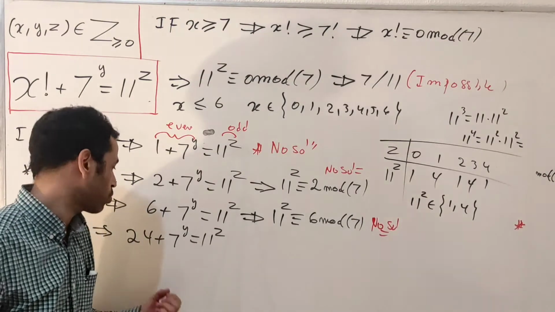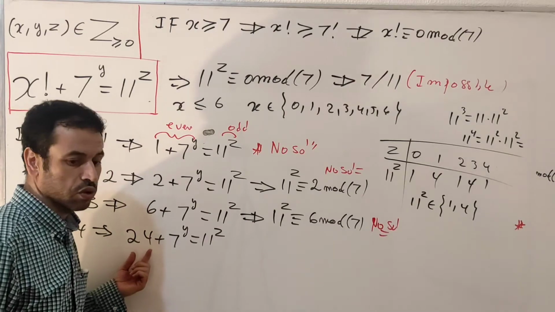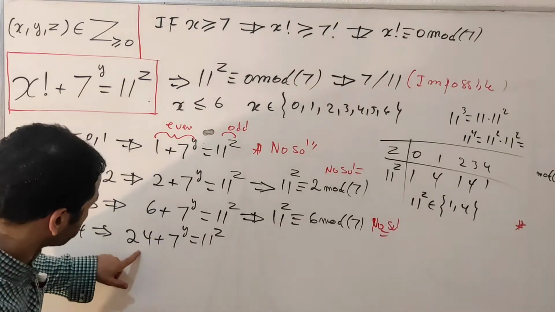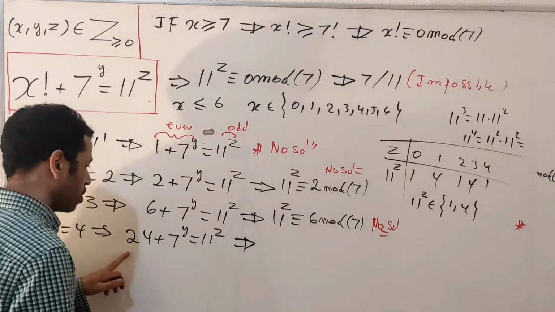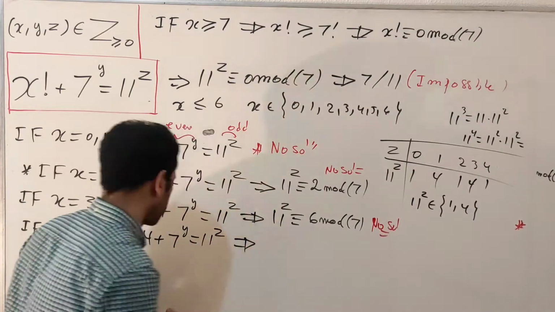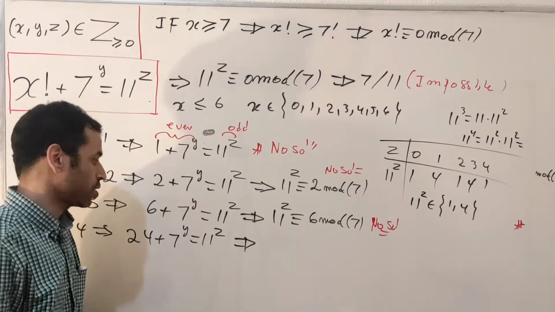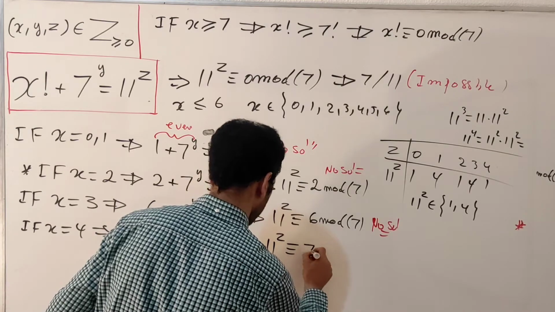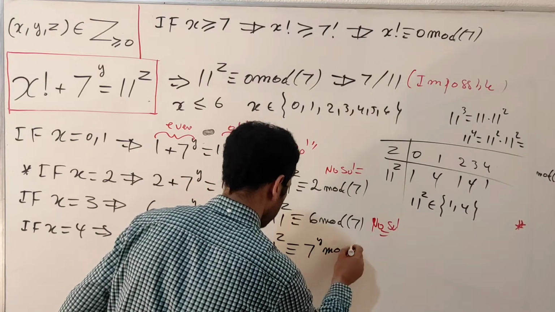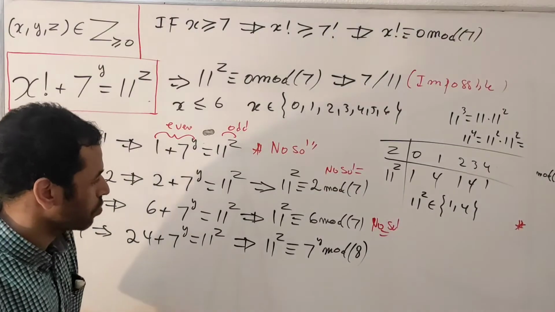I'm going to reduce it to mod 8, because 24 equals 3 multiplied by 8, so it's congruent to 0 mod 8. So we'll have 11 to the z is congruent to 7 to the y mod 8. This one is already 0 because it was reduced to mod 8.